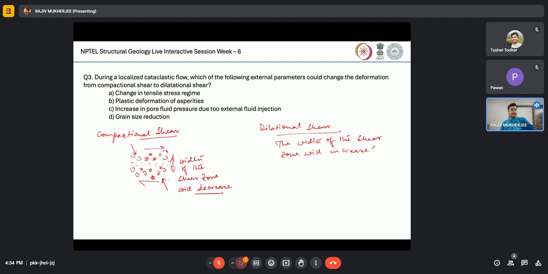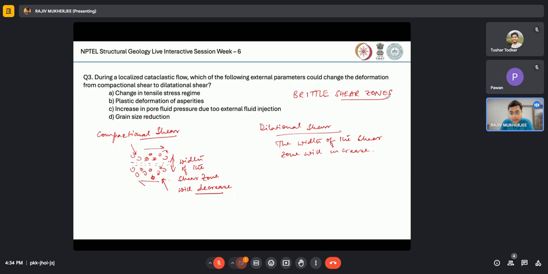Now the point is that with compactional shear and dilational shear, we are talking about brittle deformation, right? We are not talking about ductile shear zones. These are brittle shear zones. They are completely different from ductile shear zones. In case of a ductile shear zone, there can be compaction or compression, and still the shear zone can widen based on the hardening component of the shear zone and other crystal plastic deformation signatures.